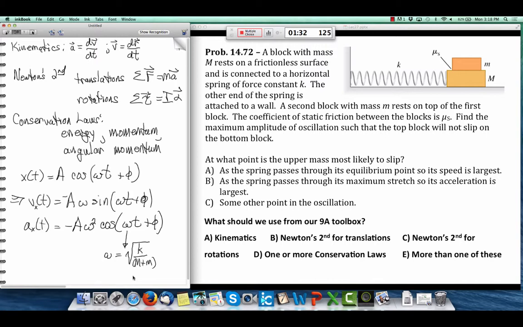Think about how you would do this and what you need to know and what's going on, first of all. Last chance. Still answering? No. We're done.